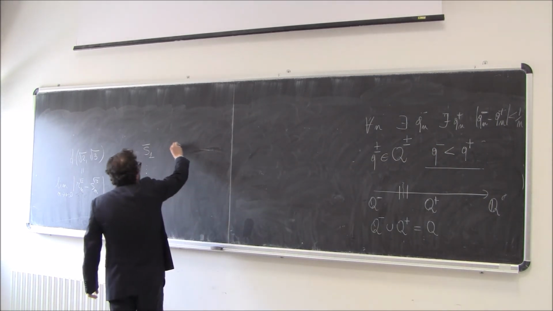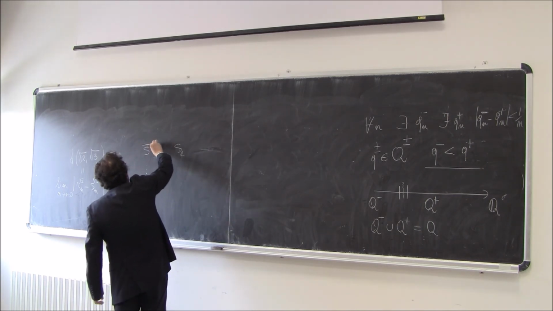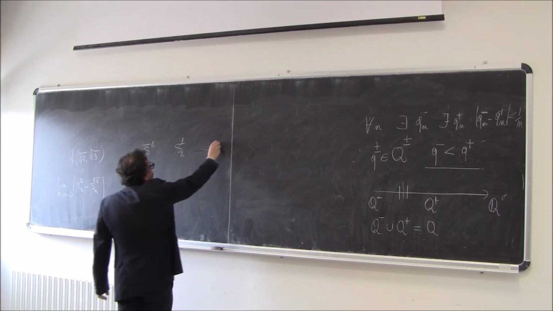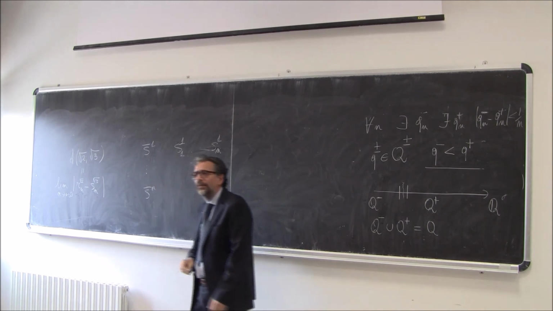So I can take a representative of S bar 1. So I take S1, sorry, let us place the 1 at the top, so it is better. So I have S11, S1n. Okay?